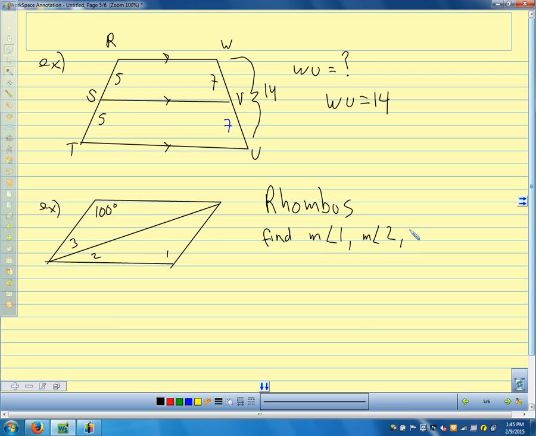And we want to find measure of angle 1, measure of angle 2, and measure of angle 3. Let's do the easy one first. Measure of angle 1. If this is a rhombus. 100, right? Rhombuses are parallelograms, opposite angles are congruent.